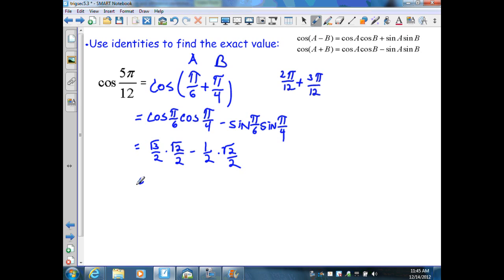Now I can simplify and get the square root of 6 over 4 minus the square root of 2 over 4. And when I combine, that's going to give me the square root of 6 minus the square root of 2. These are not like terms, all over the common denominator of 4.